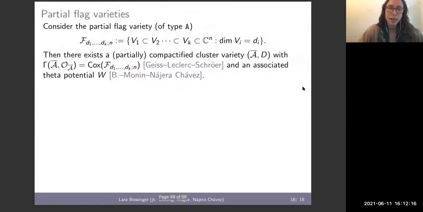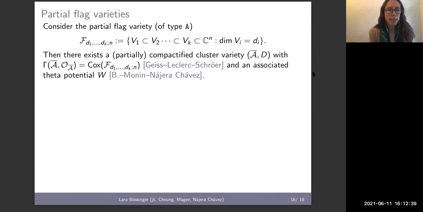So in the last 3 minutes, I want to tell you how we can also look at partial flag varieties in this context. In the case of the partial flag variety of type A, we have a flag of k vector subspaces of C^n, the i-th vector space being of dimension d_i.